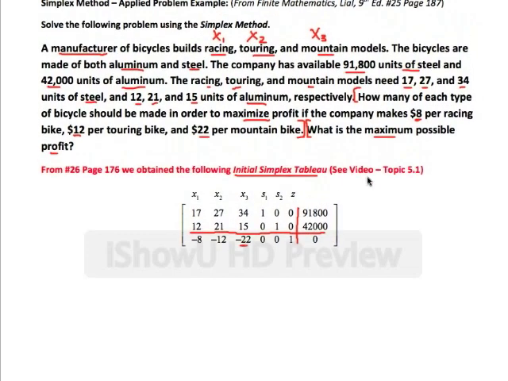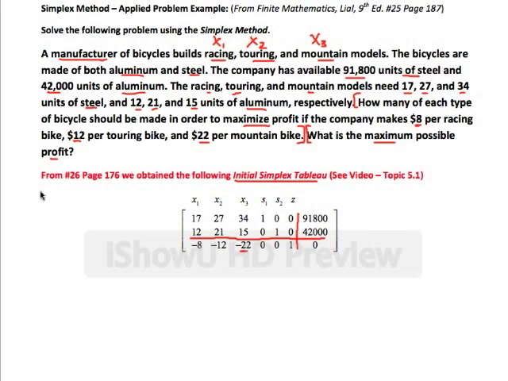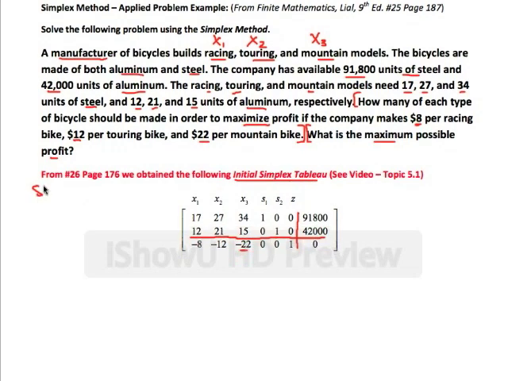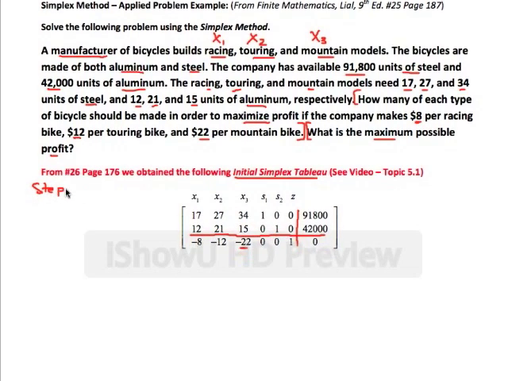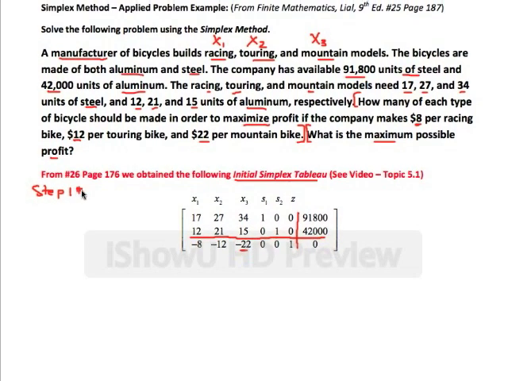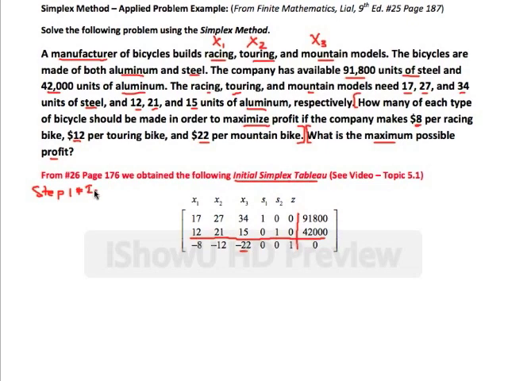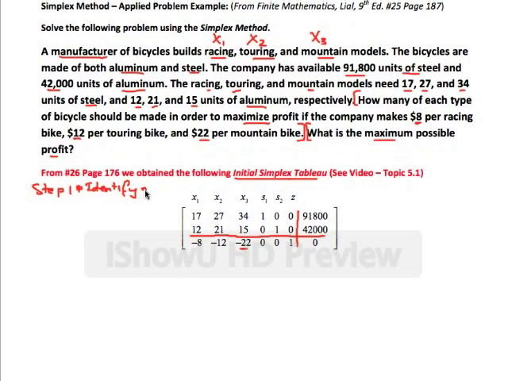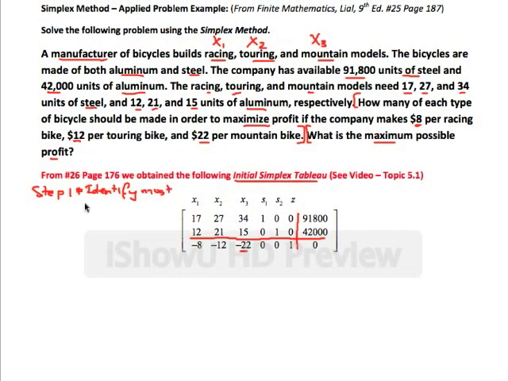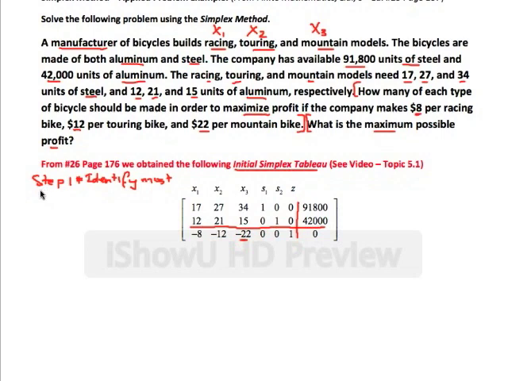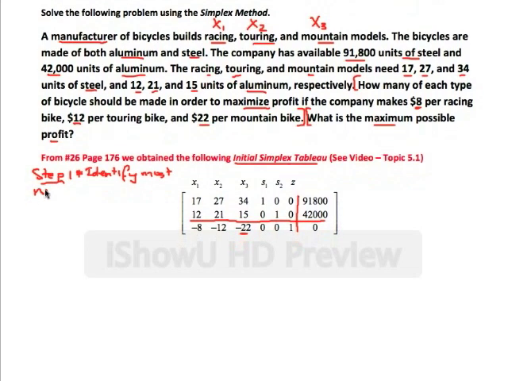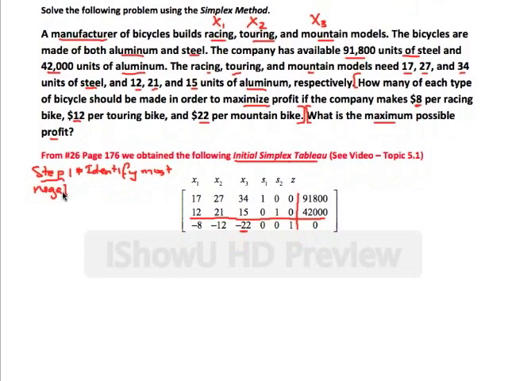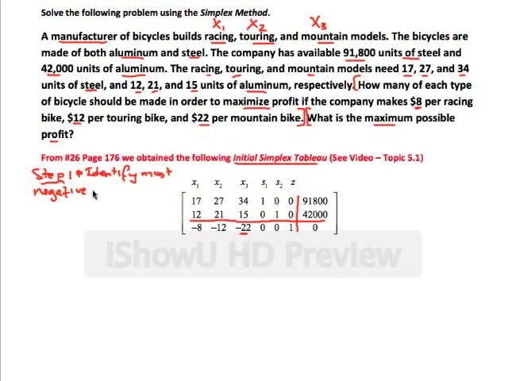Okay, so step one, and I'm going to try and jam things up a little bit here because we don't have much room. Step one, identify the most negative indicator.